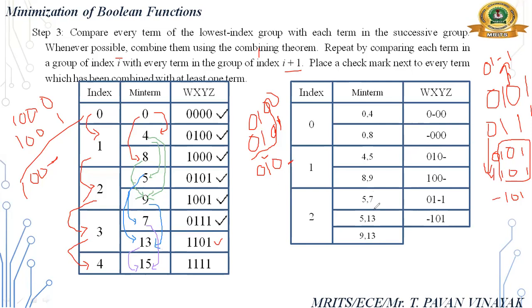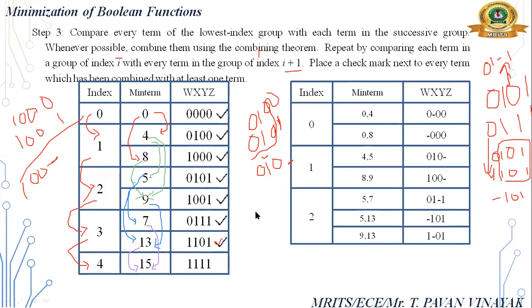You have a combination: where it differs, the second term is differing and the remaining are the same. 1 dash 0 1. So 9 comma 13 means 1 dash 0 1.